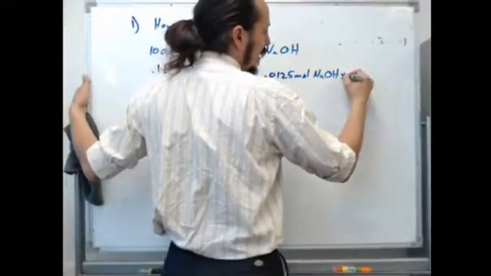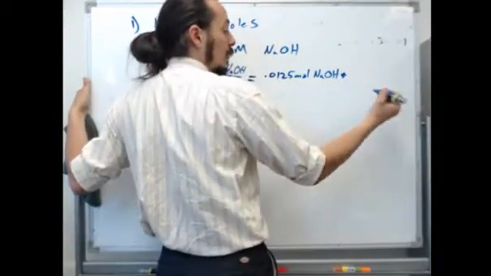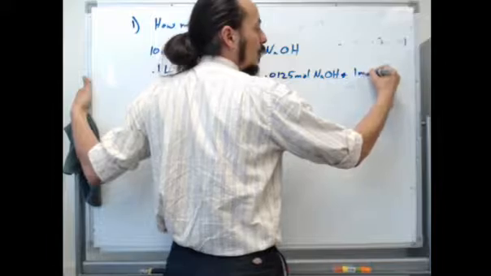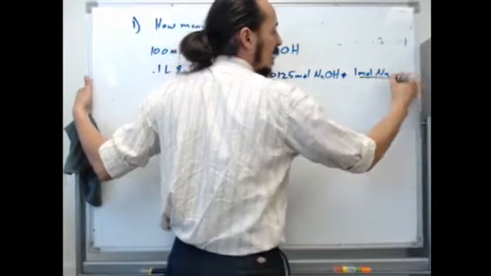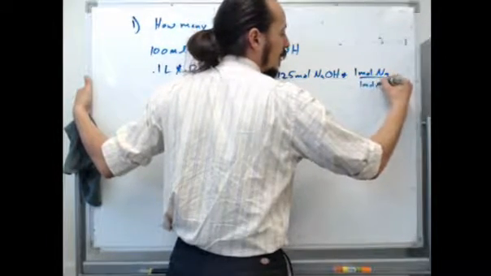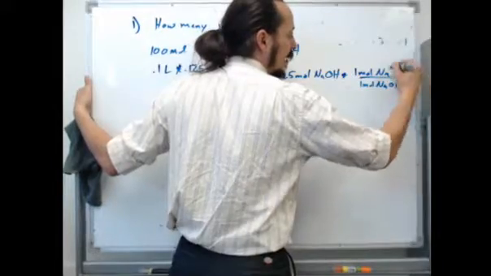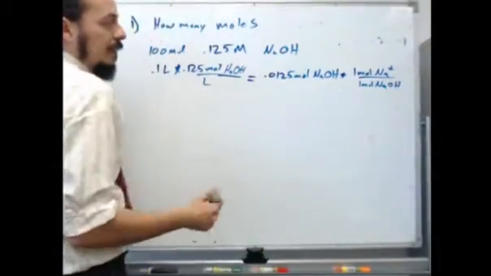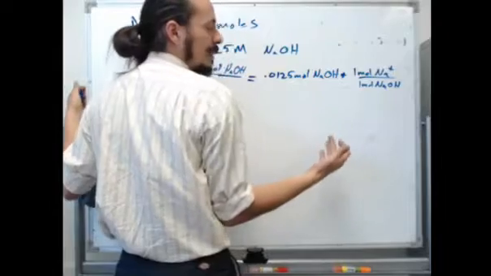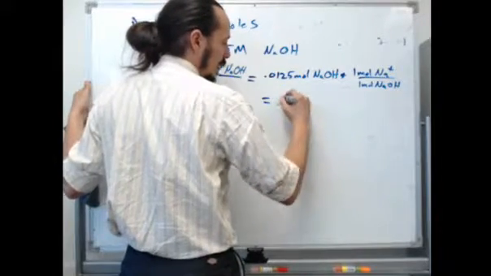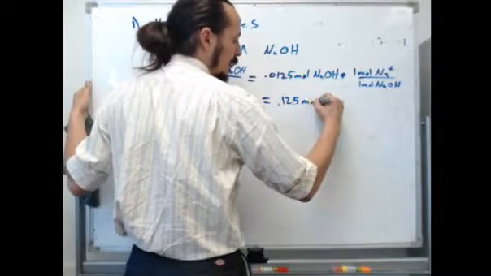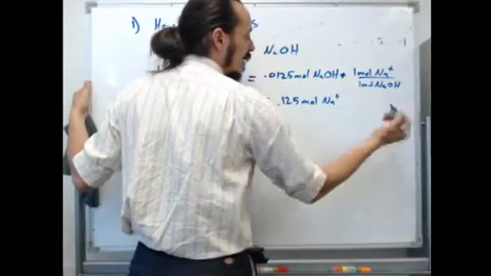So if I want to be most mathematically correct, I've got 1 mole Na plus for 1 mole NaOH. Notice this cancels out. It's a 1-to-1 ratio mathematically. That's really boring. That just gives me 0.125 moles Na plus.